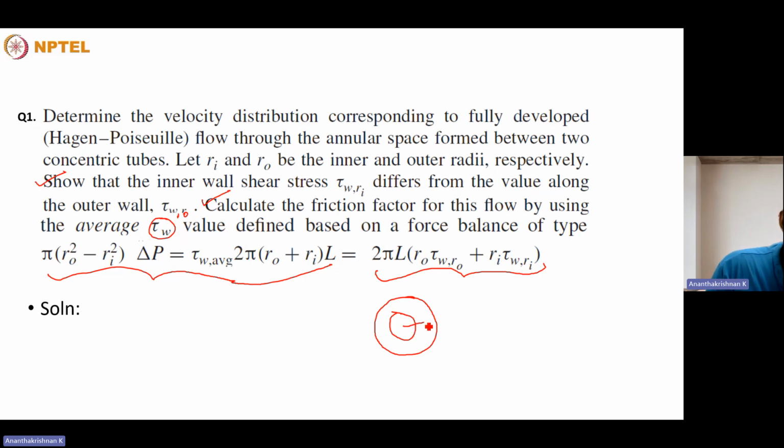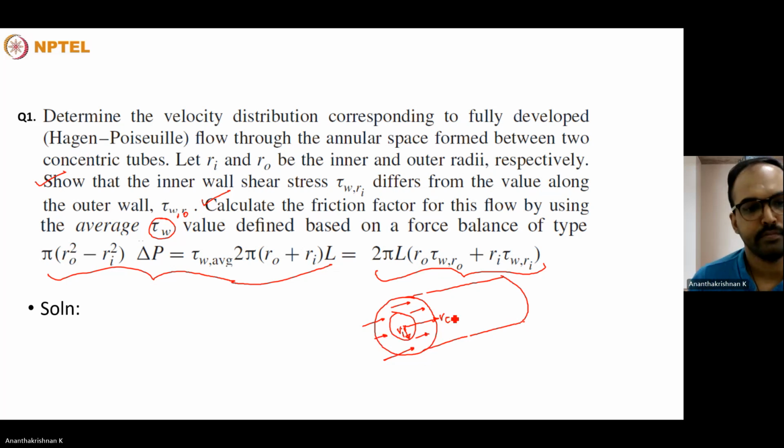The outer radius is Ro, the inner radius is Ri, and the flow extends into the plane of the paper. In this one, the flow happens through the annular space between the two concentric tubes.